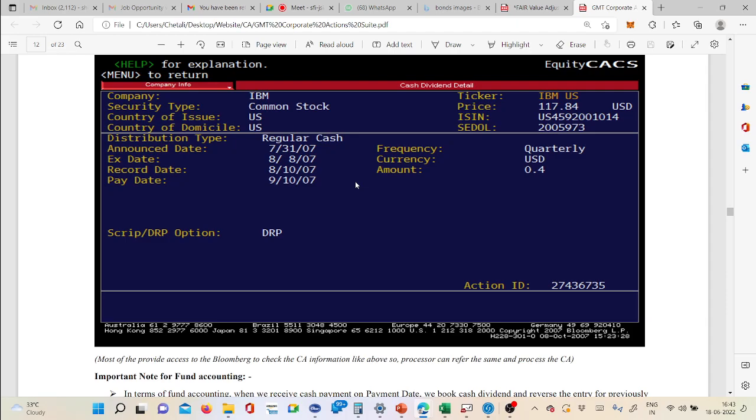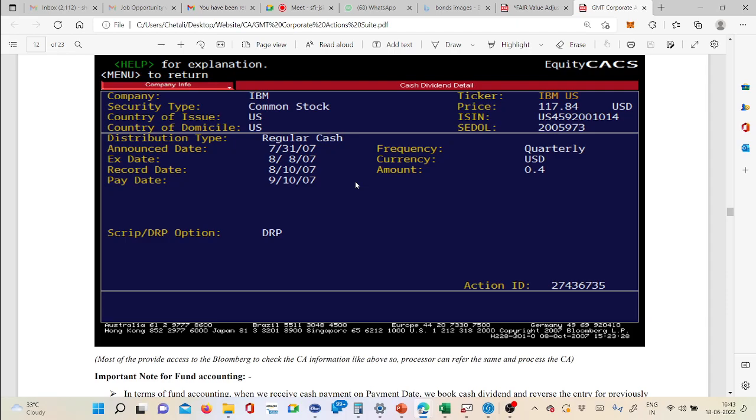But if you see a discrepancy between the custodian statement and your accounting system, you need to reach out to them, because this is a Bloomberg screenshot, right? You can check this on a Bloomberg screen as well. But if your system and Bloomberg are in line, but the custodian statement is not in line, you can see the difference, right?